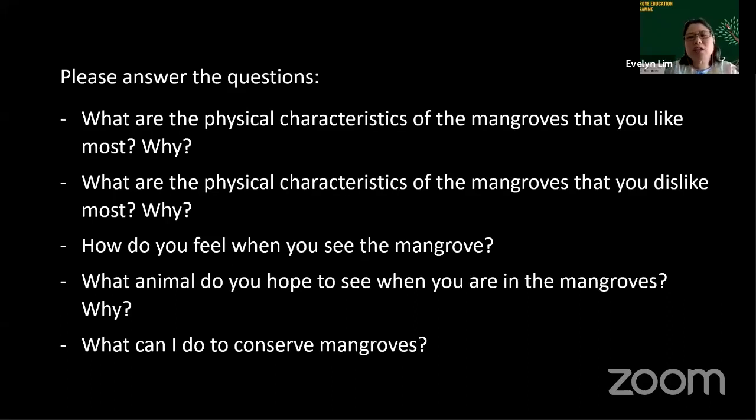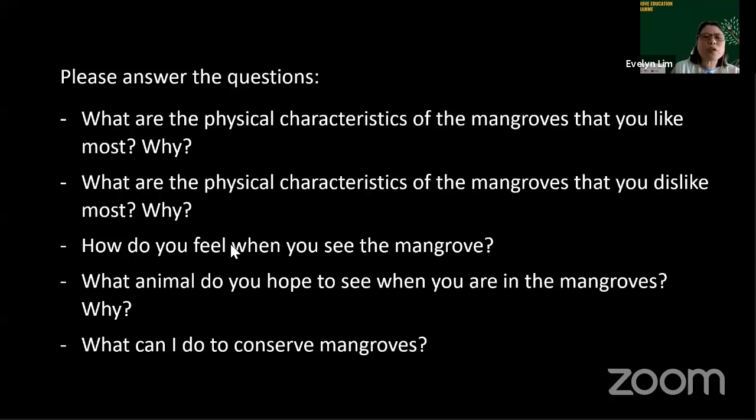What is it that makes you like it, and why? If you like the roots of the mangrove tree that look like needles coming out from the mud because... you explain. You can also share what it is about the physical characteristics of the mangrove that you dislike most, and why. You describe it and share it.